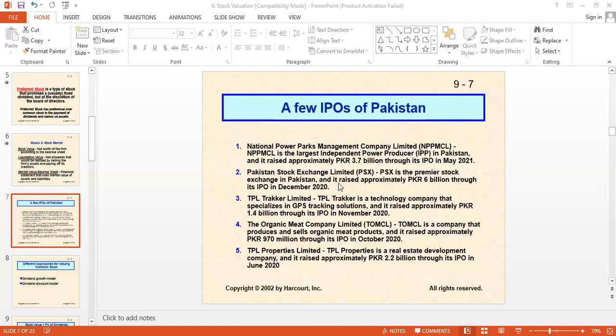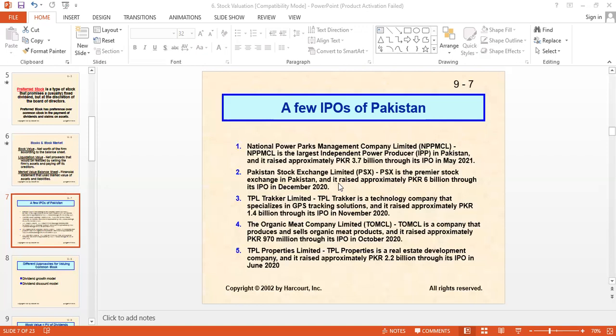Then Organic Meat Company raised 907 million rupees in its IPO in October 2020. Lastly, TPL Properties Limited raised 2.2 billion rupees from the public, from shareholders, in its IPO in June 2020.